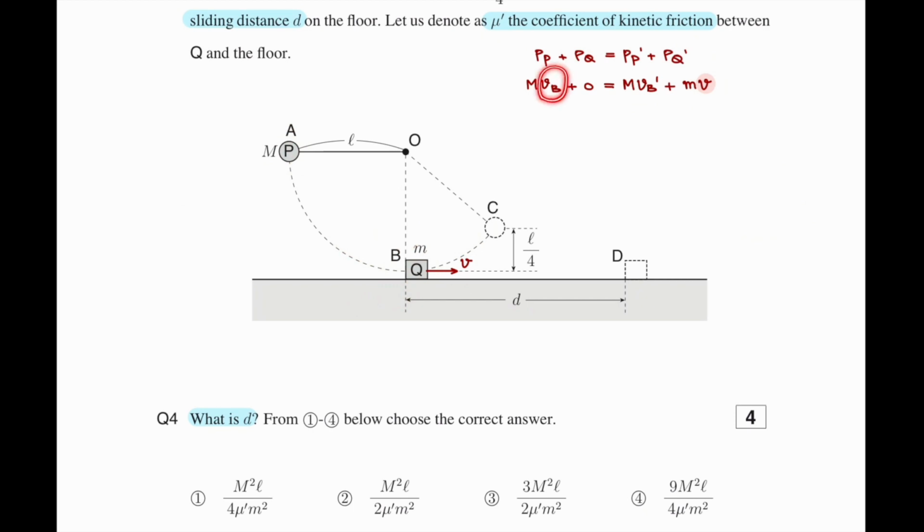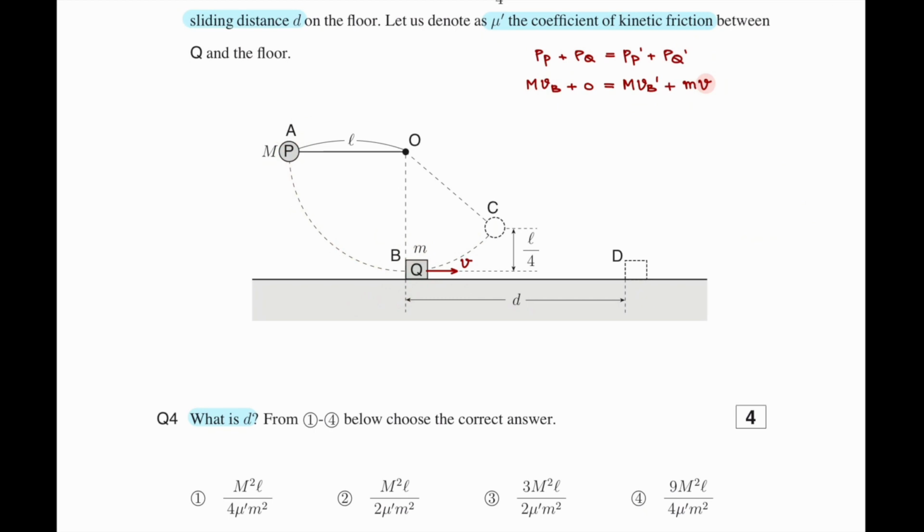To find Vb, we can use conservation of energy. If you focus on object P, initially object P is at position A, and then it will travel along this path, and then it will reach point B. By using conservation of energy, the total energy at point A must equal the total energy at point B. Total energy means the mechanical energy.